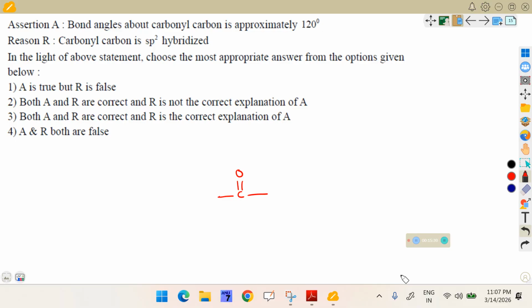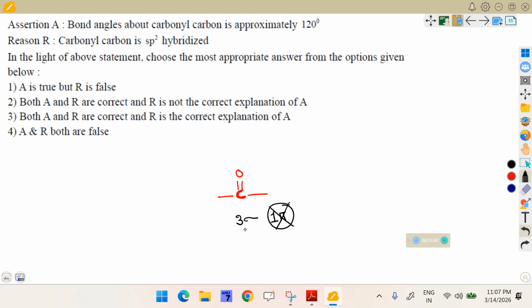See the next question. The next question is of the assertion reason type. Bond angles about the carbonyl carbon. Yes, this is the carbonyl carbon. Around the carbonyl carbon, 3 sigma bonds and 1 pi bond are present. Pi bonds do not participate in hybridization.